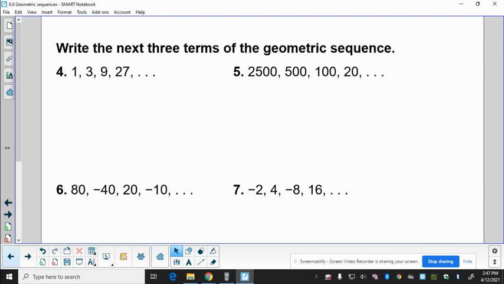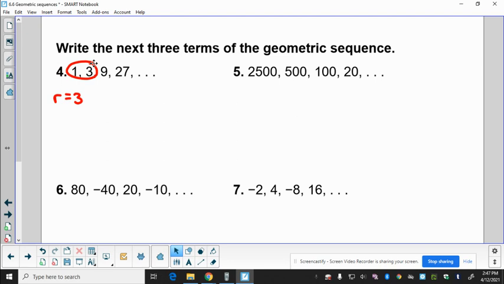All right, for number 4, here are my first two numbers, right? 3 divided by 1 is 3. So the next three numbers you would put in your calculator to get those answers. I'm not going to write them down.